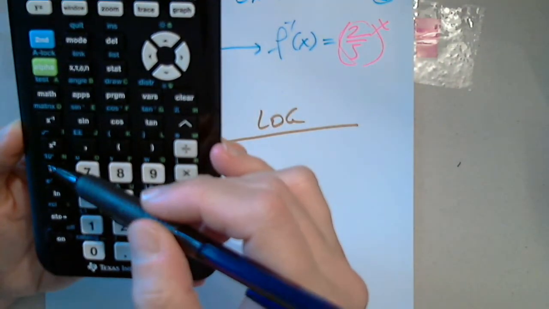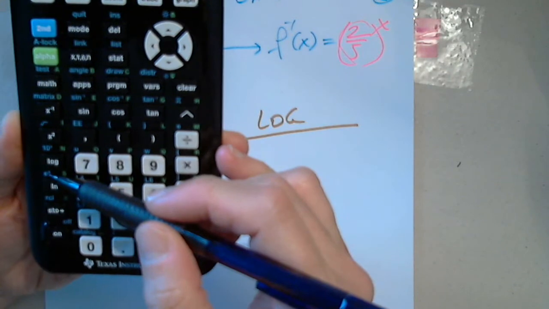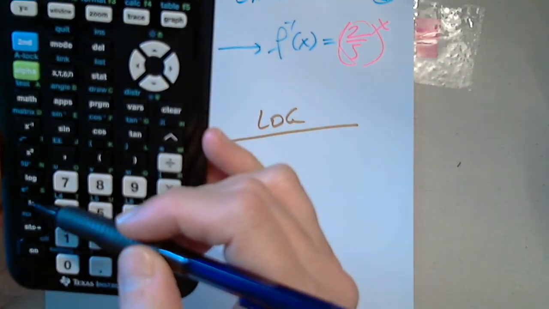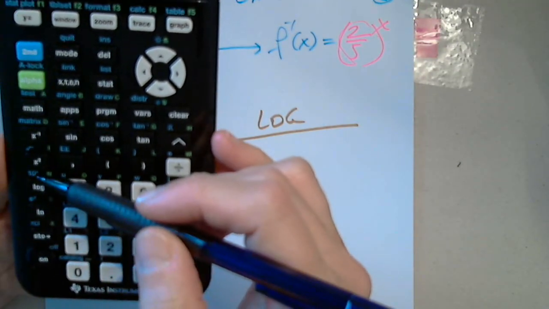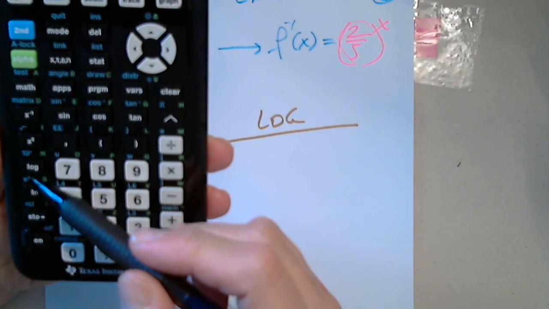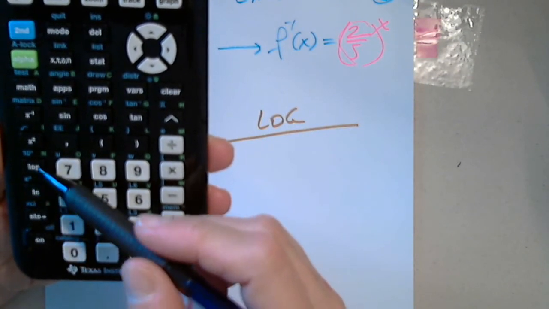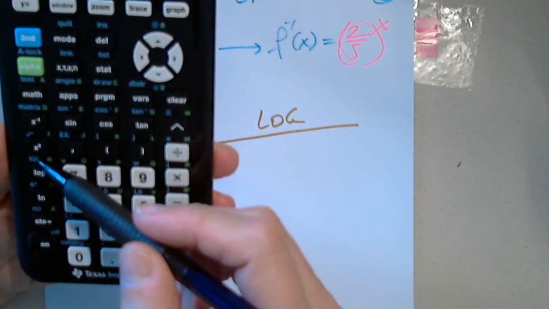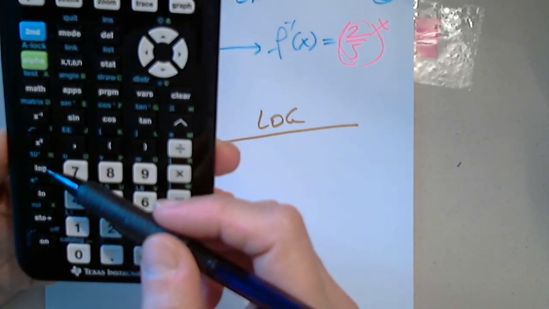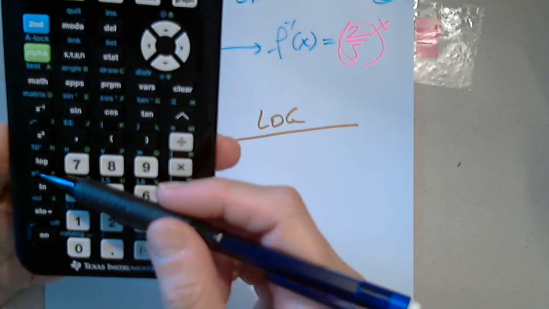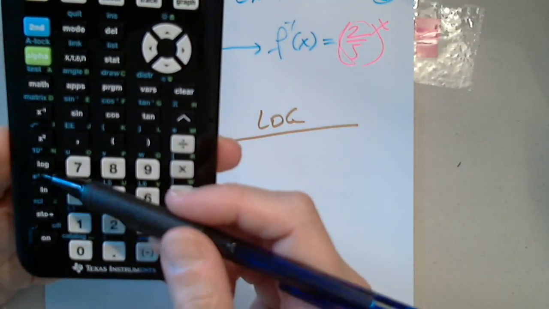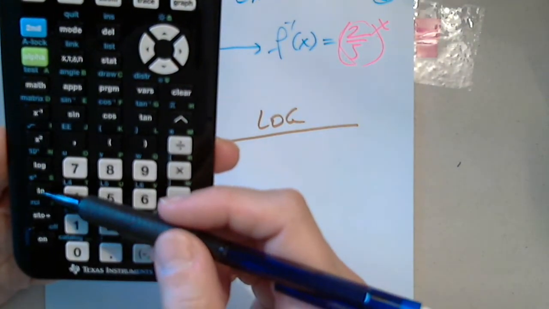Right here, we see e to the x, that is activated with the blue key, and we have 10 to the x that is also activated with the blue key. The same key is shared with some logs. This 10 to the x, which is the common exponential, goes with the common log. This, which is the natural exponential, goes with the natural log. So these are inverse functions.